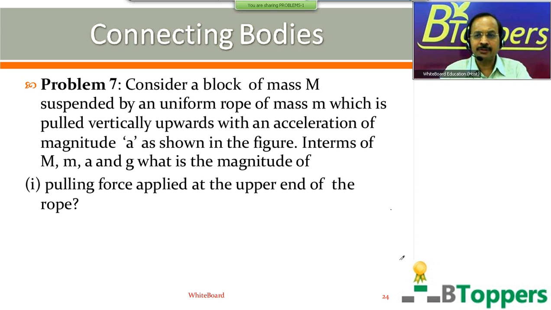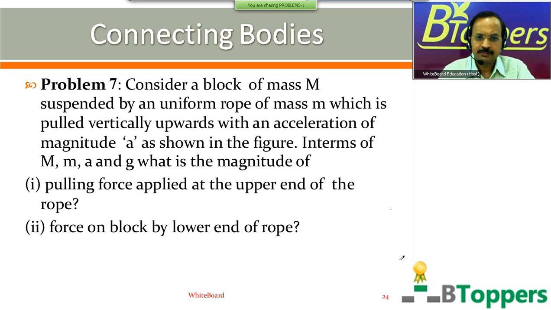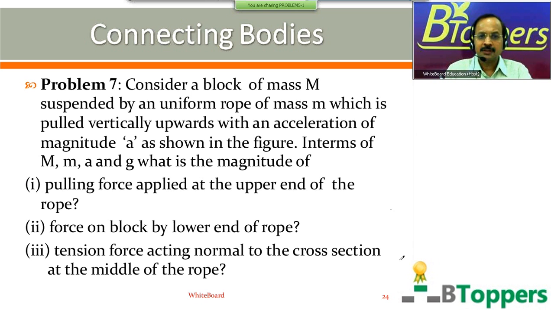I am going to show you three parts in the question. First part: the pulling force applied at the upper end of the rope. Second: the force on the block by the lower end of the rope. Third: the tension force acting normal to the cross section at the middle of the rope. Here I am going to show you the diagram also.